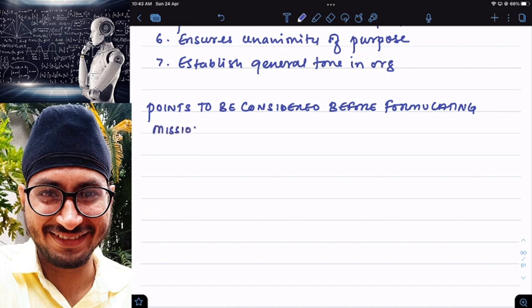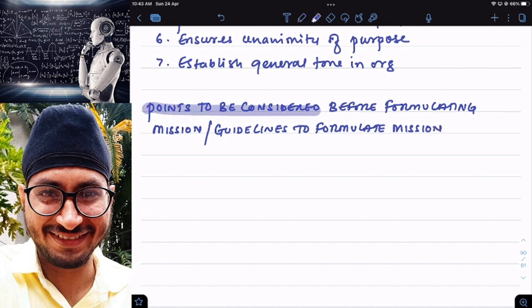Or you can also say guidelines to formulate a mission.